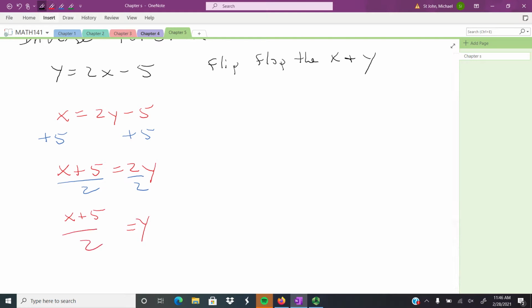So we had our f of x. Our f of x was 2x minus 5. And now we have our inverse, f inverse of x, which is x plus 5 over 2. All right?